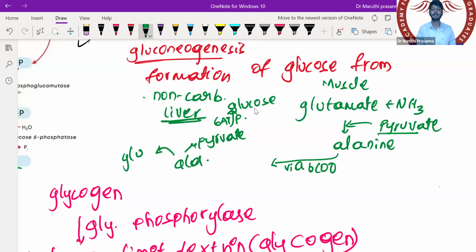From the 6 ATP, it will form the glucose. This reverse is called the glucose-alanine cycle, and the Cori cycle. That is your gluconeogenesis, because we formed glucose but used pyruvate, which is not a carbohydrate. Without using a carbohydrate, we created a carbohydrate.